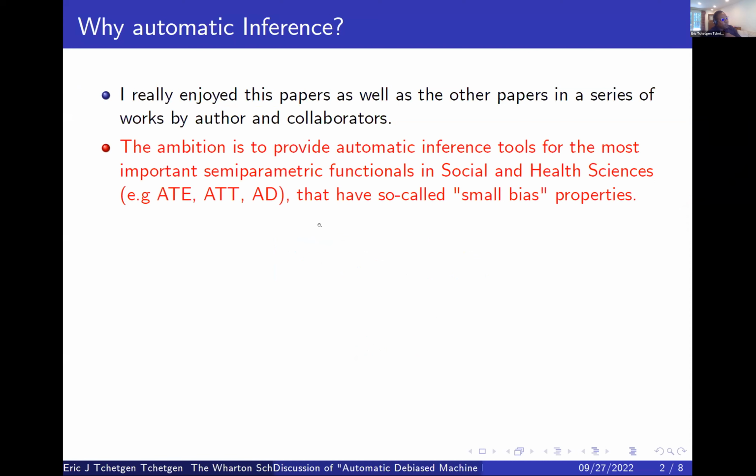The ambition here is to provide automatic inference tools for some of the most important semi-parametric functionals in the social and health sciences. So the average treatment effect, the average treatment effect on the treated, the average derivatives, and many more that Vasilis described, including settings where you have longitudinal data and sequential treatments. And the goal is to come up with estimators automatically that have so-called what has been known in the literature as small bias properties.